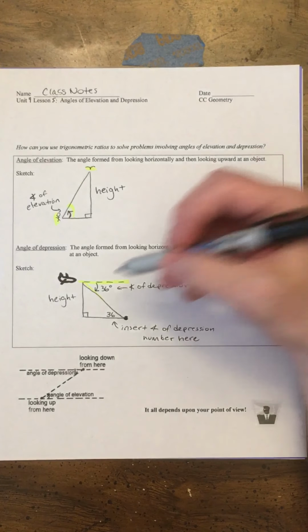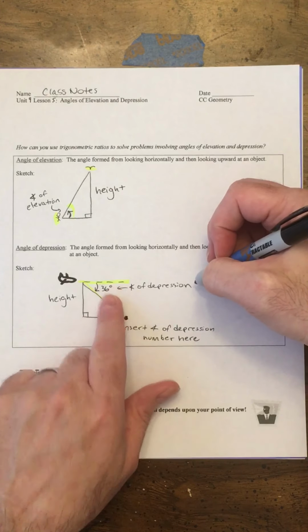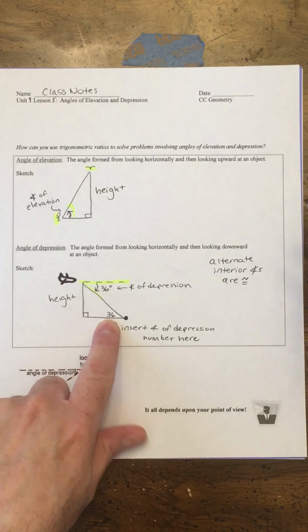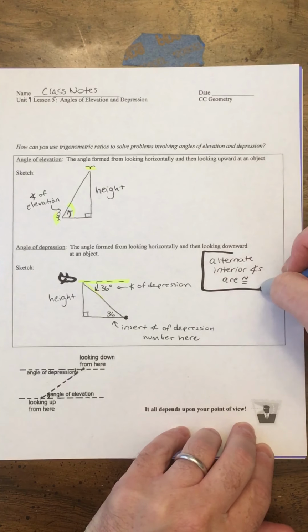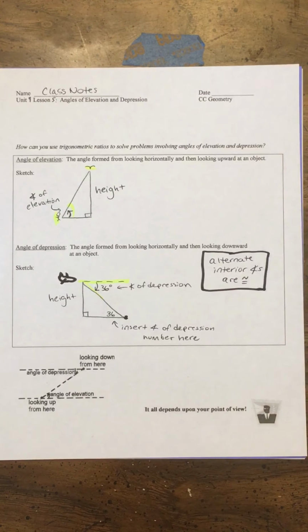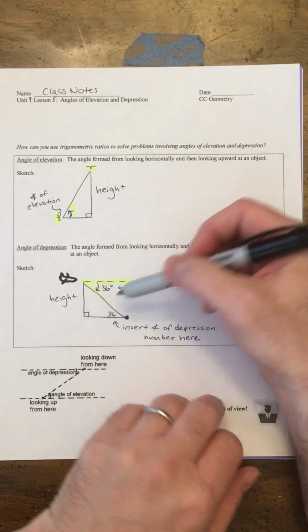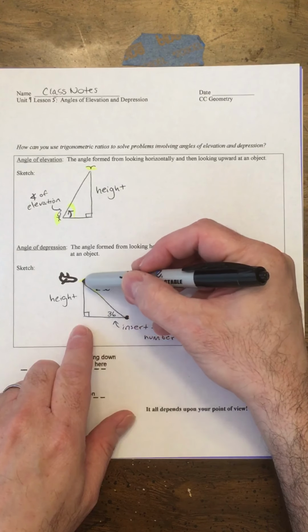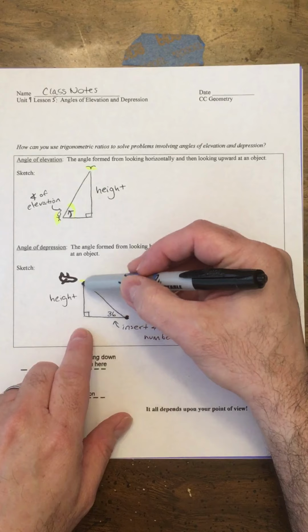Well, what's interesting is even though the angle of depression is out here, you could actually also put it inside your triangle down here. And that's because those angles are alternate interior angles. And the reason you would want to do that, if you notice the angle of depression, it's not in the triangle that you want. The airplane is a certain height off the ground, and it's creating this triangle.